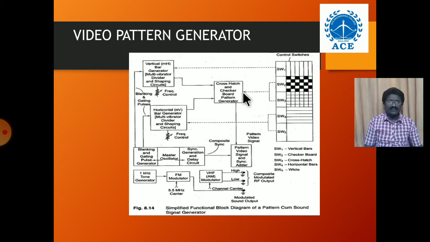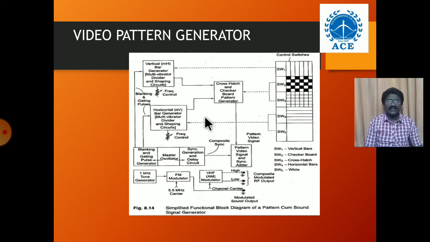After every m cycles, the horizontal blanking pulse triggers the multivibrator, synchronizing the bar signal on every line. A control on the front panel of the video pattern generator enables variation of multivibrator frequencies to change the number of bars.